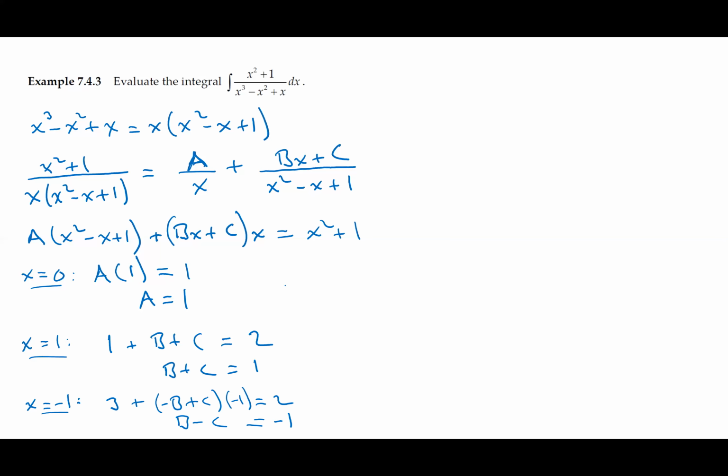And so if you look at what we've got here, b plus c equals 1, b minus c equals negative 1. Let's add these, and we'll get 2b is 0. So b is 0. If b is 0, then c has to be 1. Okay? So now I know what this integral is going to look like when I decompose it.